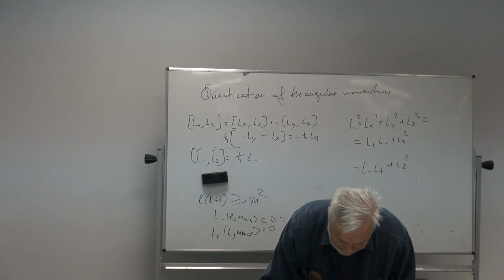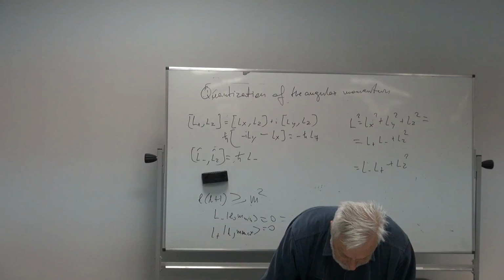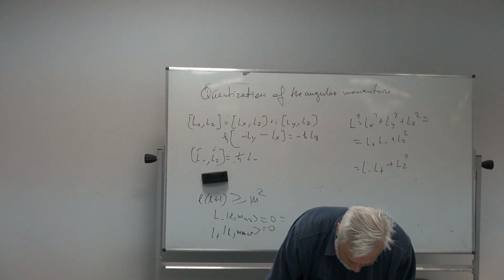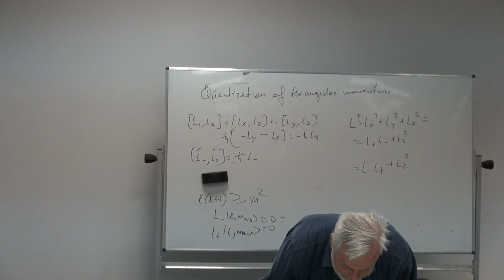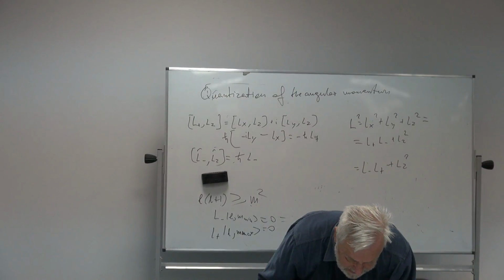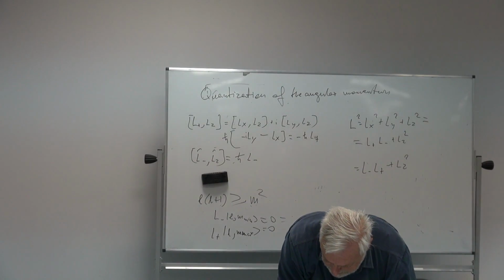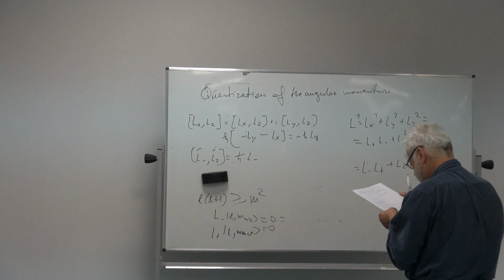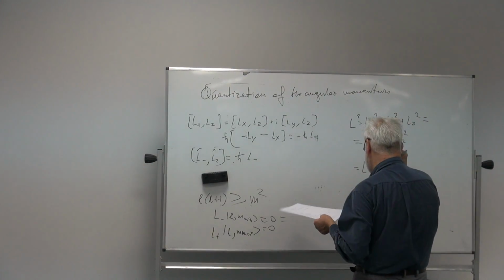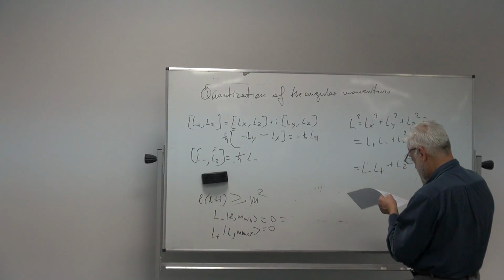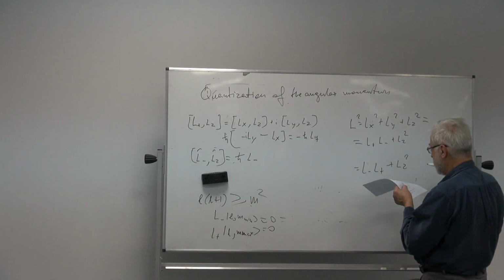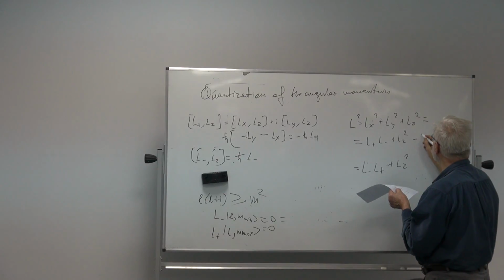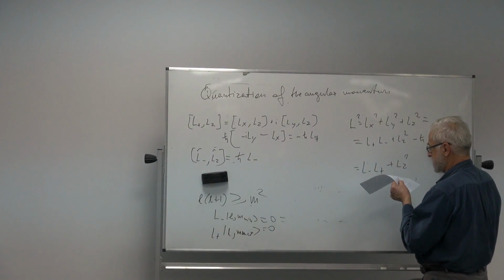And I will check how it looks, without bothering you with this expert calculation. So when I have L plus on the left, I get minus h bar times Lz.